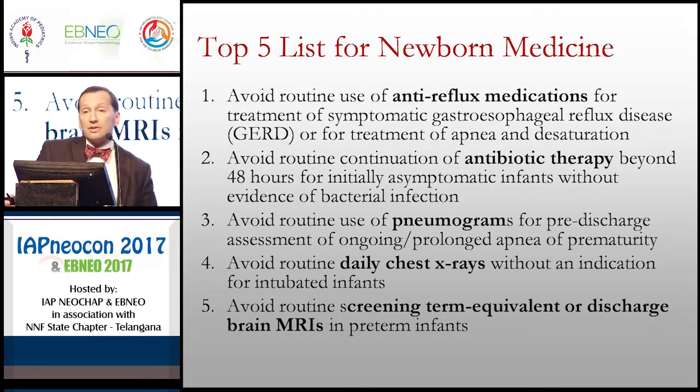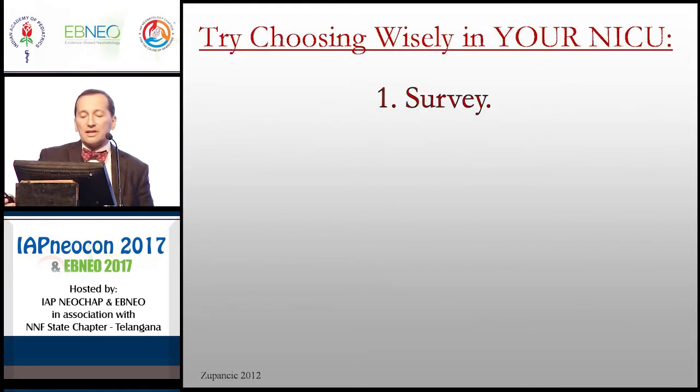And what we derived with that process was this top 5 list that we were going to roll out nationally: avoiding the routine use of anti-reflux medications, avoiding the routine continuation of antibiotic therapies beyond 48 hours, avoiding daily chest x-rays, avoiding screening MRIs for babies who don't have neurologic risk at term.